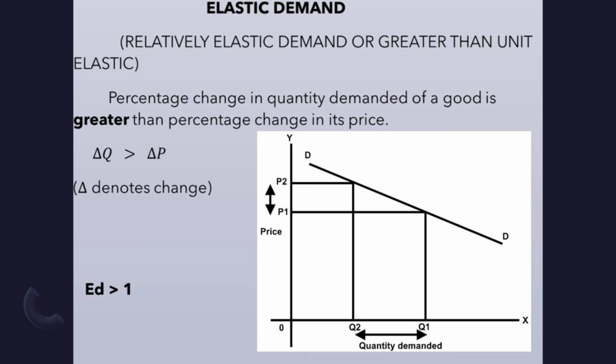As you can see in the picture, students, when the price changes from P1 to P2, the quantity changes from Q1 to Q2, but the change in price is relatively less compared to the change in quantity, because the change in quantity is greater here. So this kind of demand is considered elastic demand, where elasticity of demand is always greater than 1. That is, we call it greater than unit elastic.